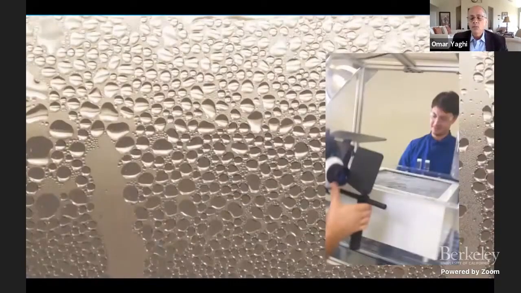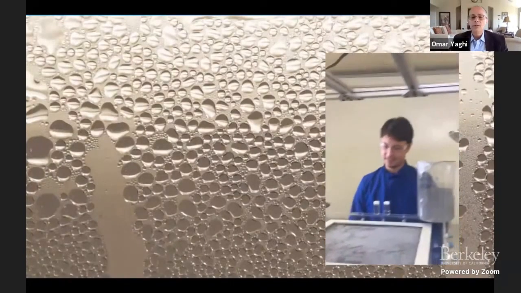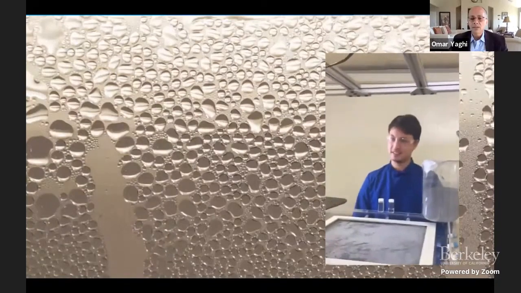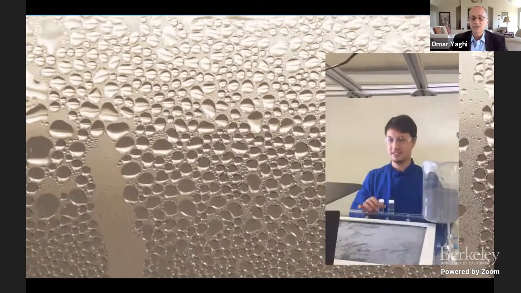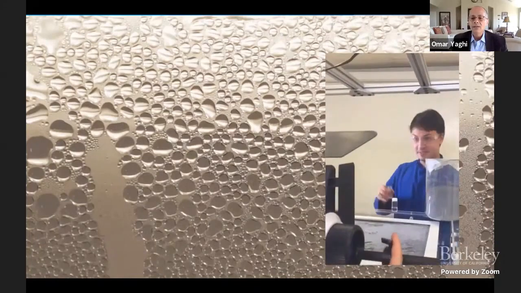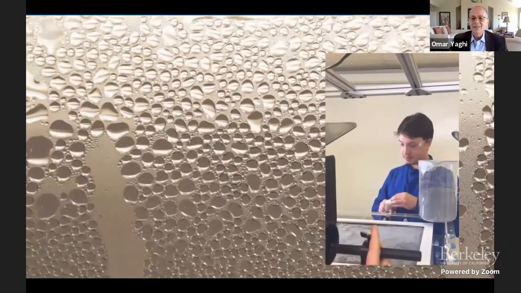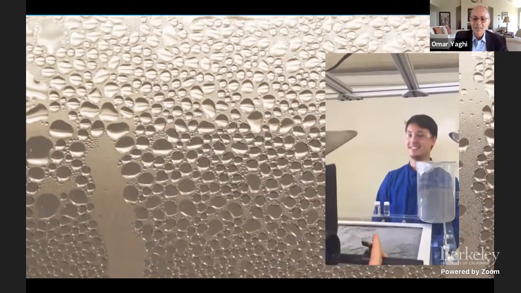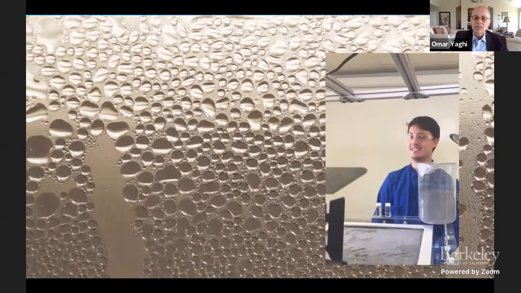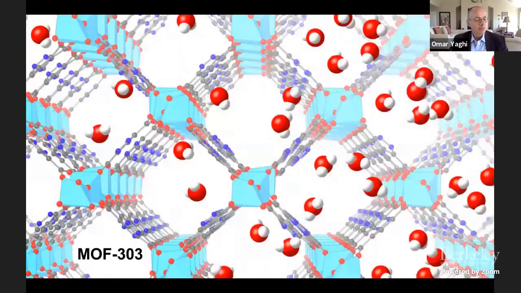So the water is pure. It contains absolutely no contamination. It's distilled water. And Eugene volunteered to drink it. Nice. All right. So we tested the water, and it's pure, which means that the moth is acting as a container for trapping the water, and it is not contaminating the water at all.